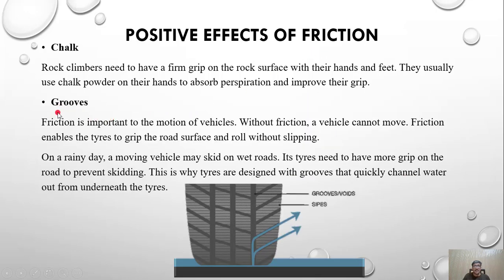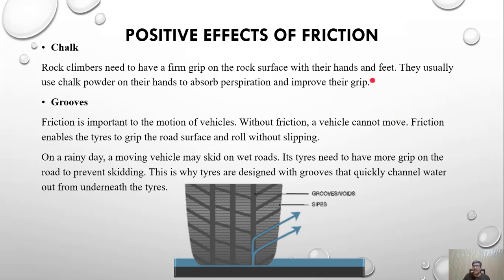You can use grooves. Friction is important to the motion of vehicles. If friction is not present, what will happen? A vehicle cannot move because there is then a slippery area only. If friction is not present, the tire will slip there.